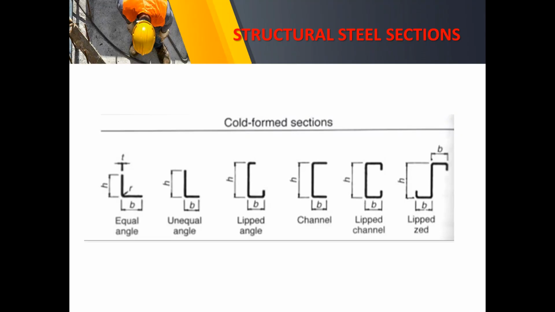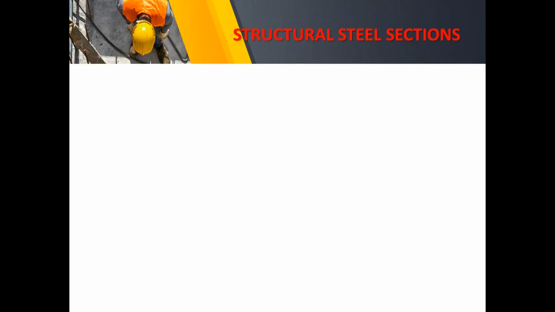It could also be in the cold formed sections. We have those shapes: equal angle, unequal angle, the lipped angle, channel, the lip channel, and then the lip Z. Okay, so we have the common shapes of the steel sections.